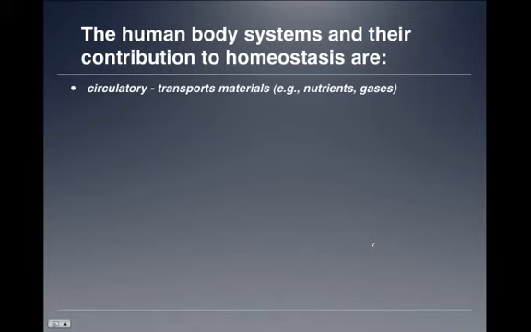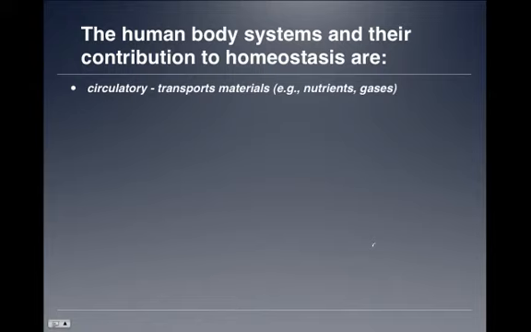So let's talk about the different organ systems. We just briefly mentioned that we have all of these different organ systems that are going to be functioning together to make up the human body, or the human organism as a whole. And so it's important that you understand just real briefly what these organ systems are and what their major functions are, how they contribute really to homeostasis in the human body, which is the ultimate goal of all of these different organ systems.